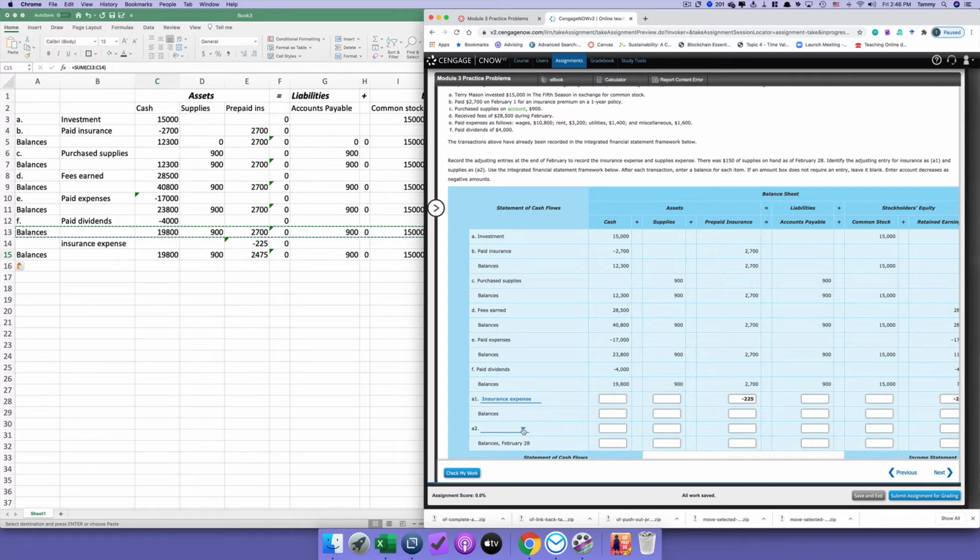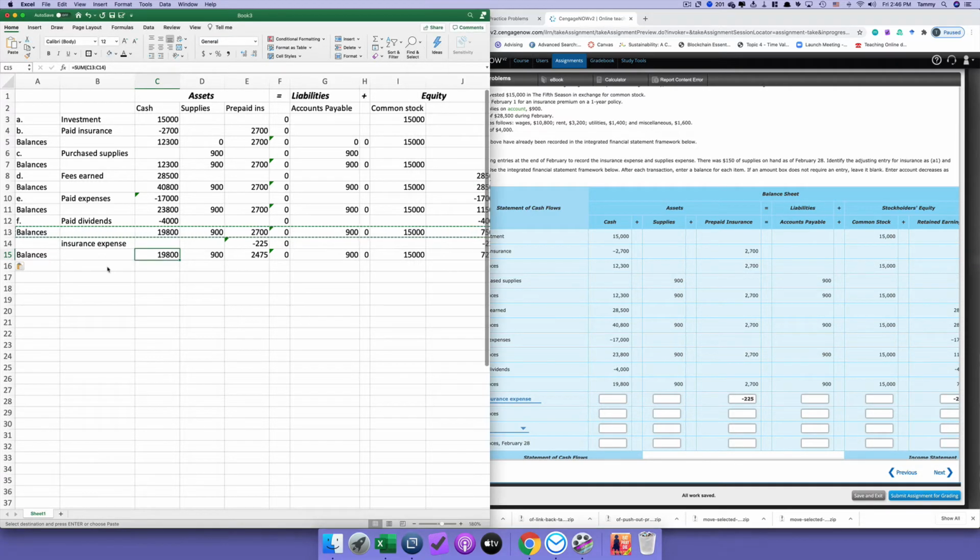And then the next and last adjustment that we need to make is the $150 of supplies. That, again, is a little bit tricky, right? So we have a supplies expense. Now, the supplies expense is not $150, because we went and counted up the supplies that were left.